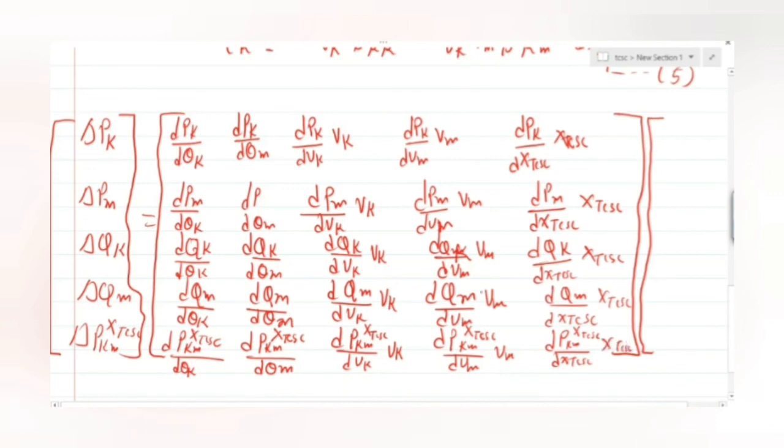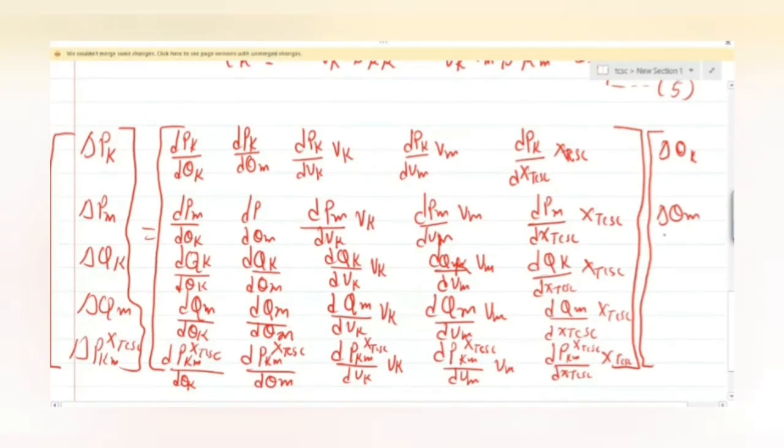Right? So your total variables are del theta k, next is del theta m, next is del Vk upon Vk, another is del Vm upon Vm, and the last one is del x TCSC upon x TCSC.